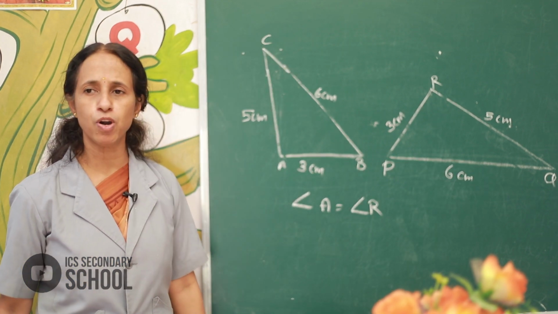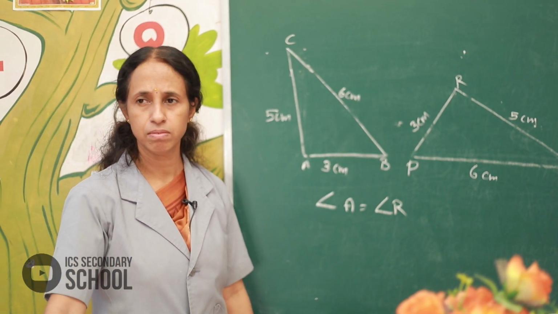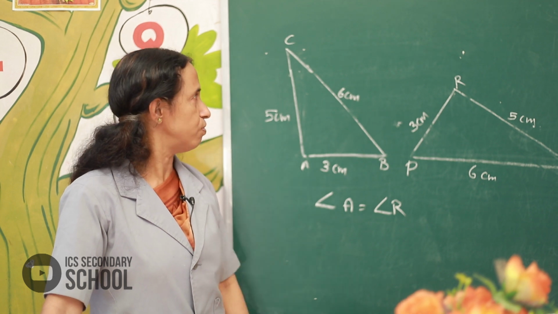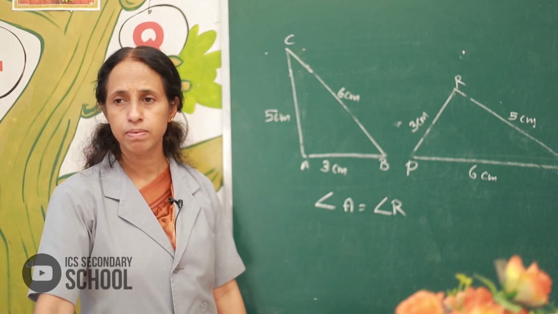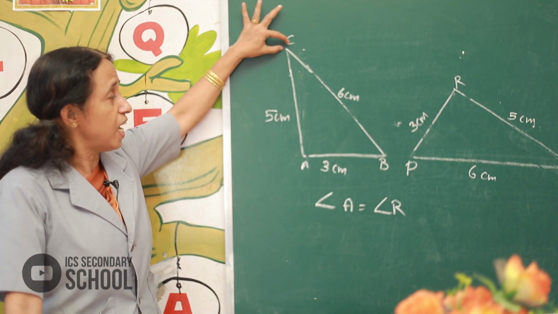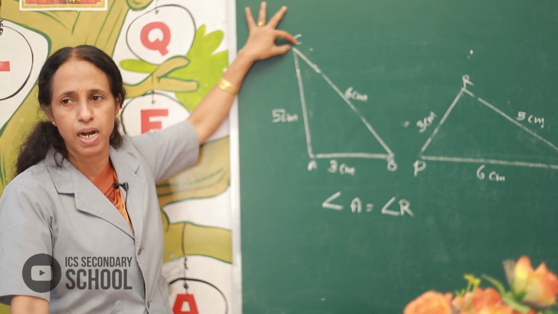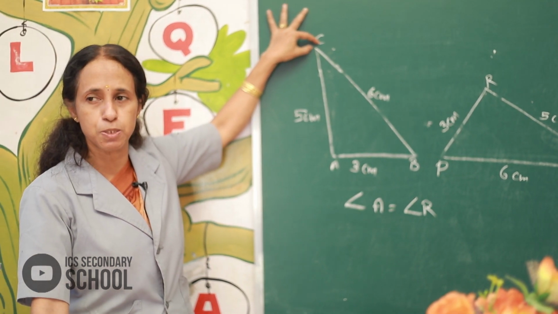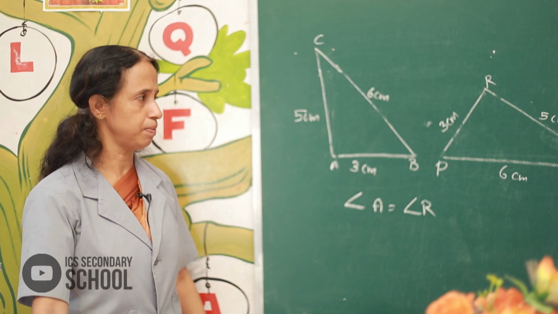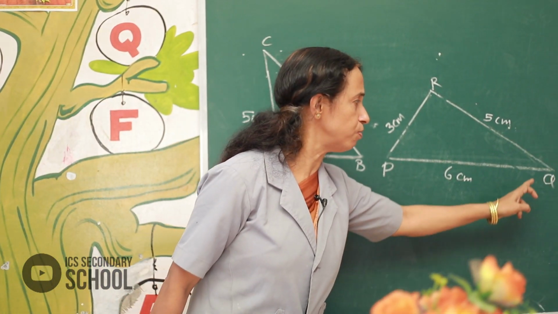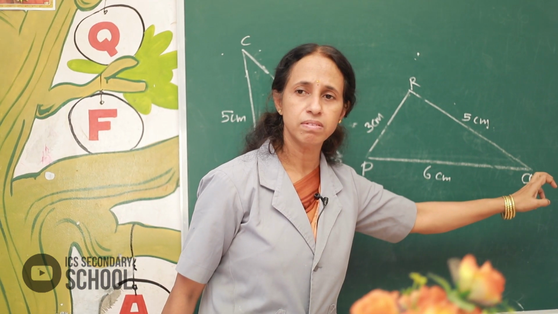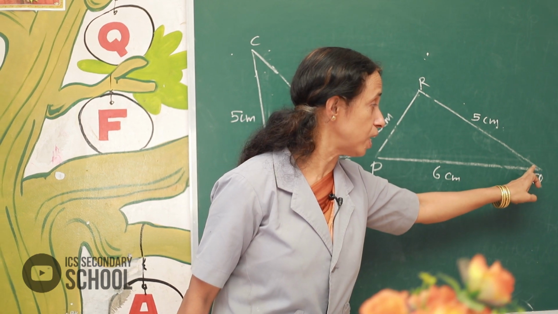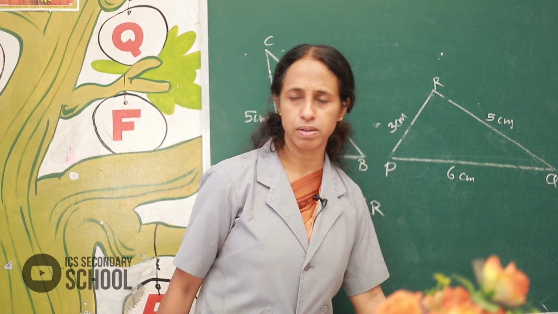Next, which is the smallest angle of triangle ABC? We know that angle C is the smallest angle of triangle ABC. Which is the smallest angle of triangle PQR? Angle Q is the smallest angle of triangle PQR.